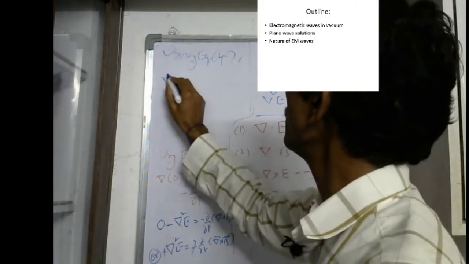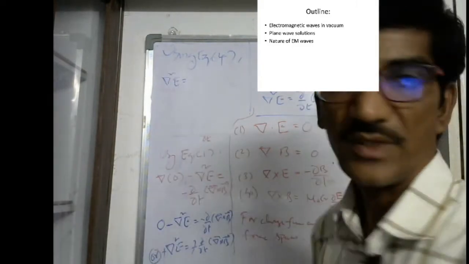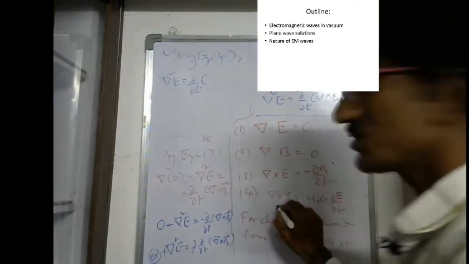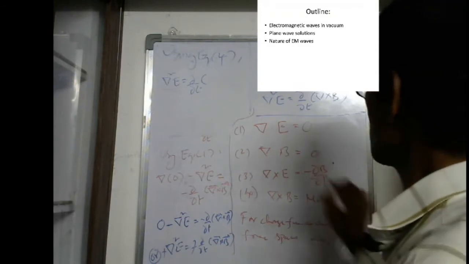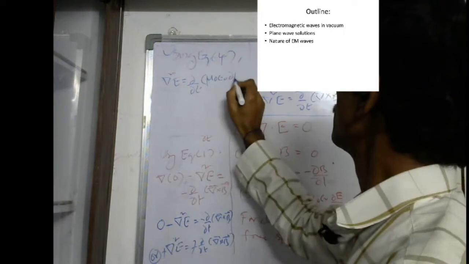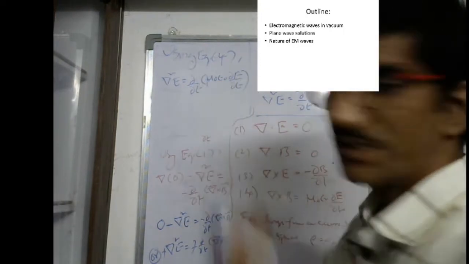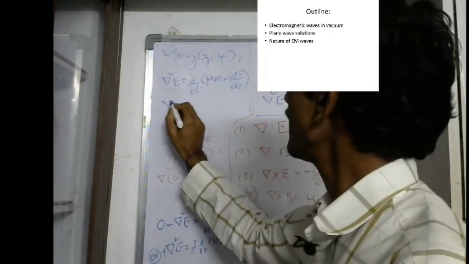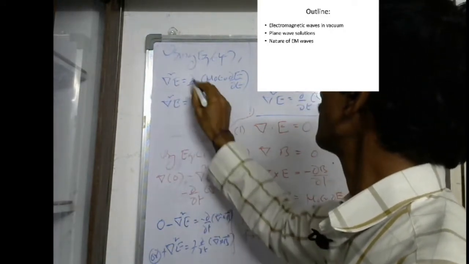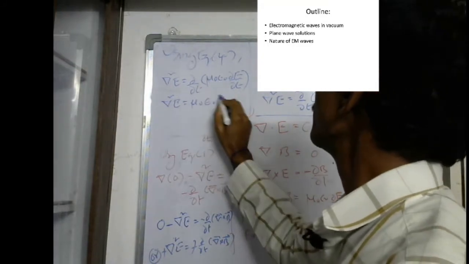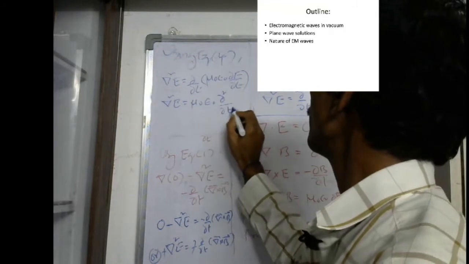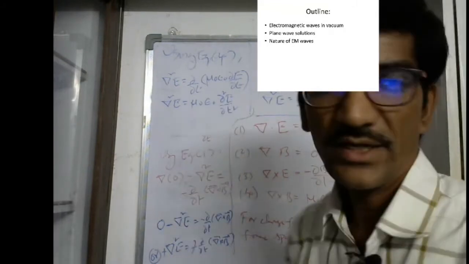Del square E is equal to dou by dou t of, what is del cross B? Mu naught epsilon naught dou E by dou t. Now you have del square E is equal to mu naught epsilon naught, del into dou by dou t, so dou square E by dou t square.